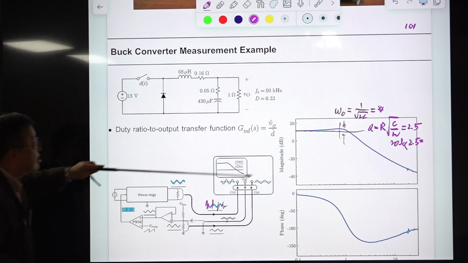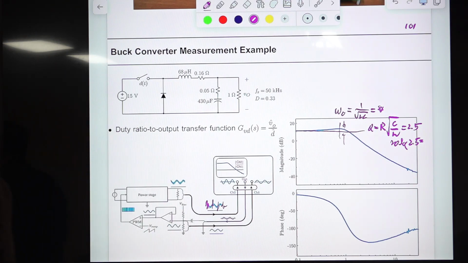But you are not seeing that much peaking here. Let me draw this again. This should be horizontal. Oh boy, this is strange. So there is very small peaking here, okay?